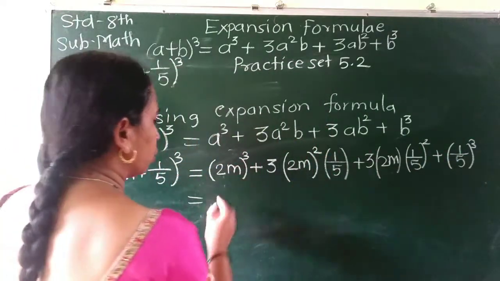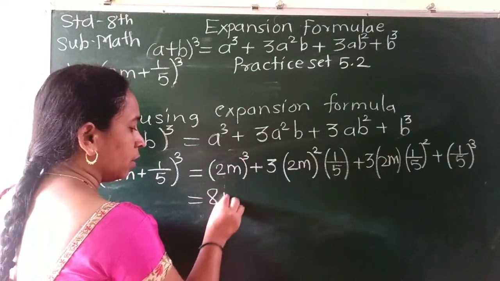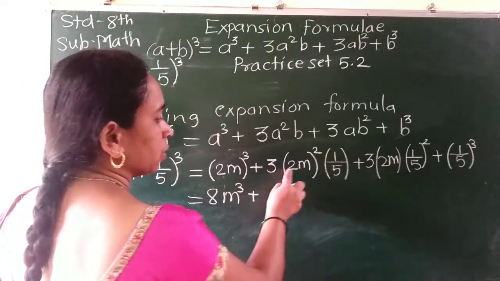Here I'll make the cube of this. 2's cube would be 8m cube plus 2 square.